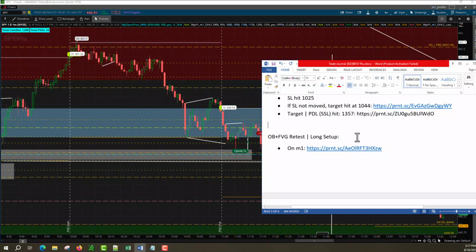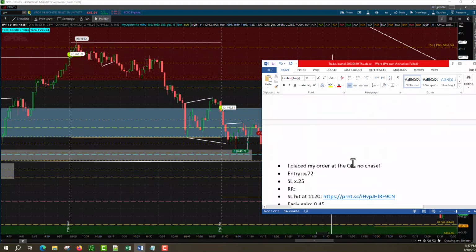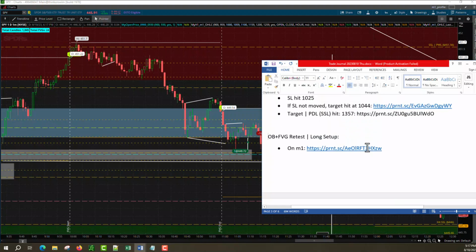It's not a successful trade, right? But it provides a very valuable lesson for us. So here's the setup that we saw.